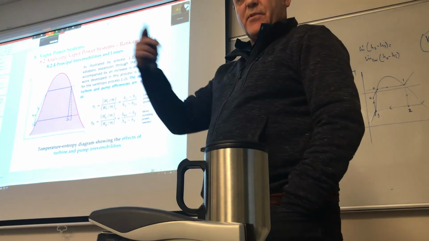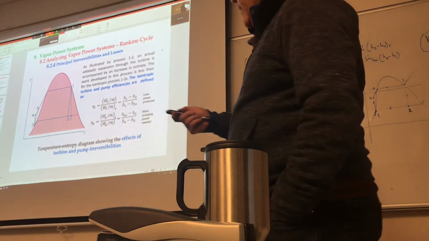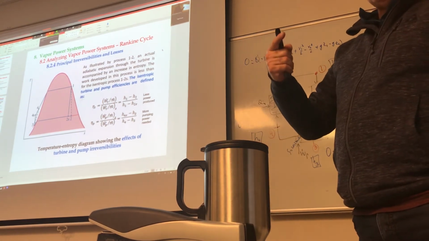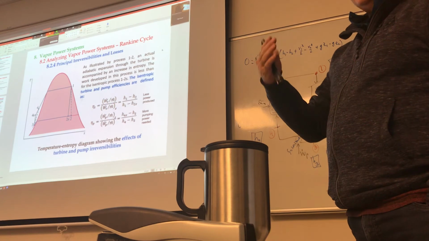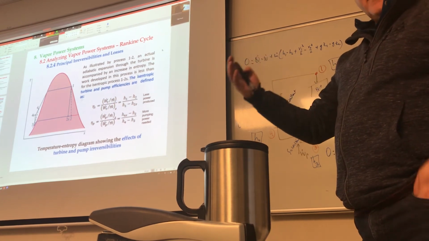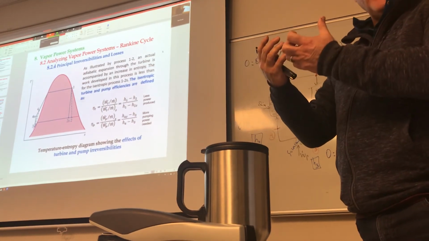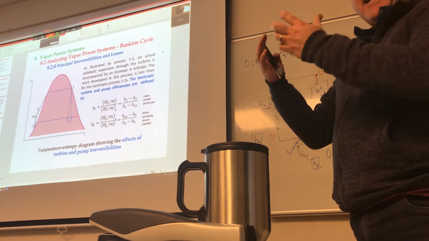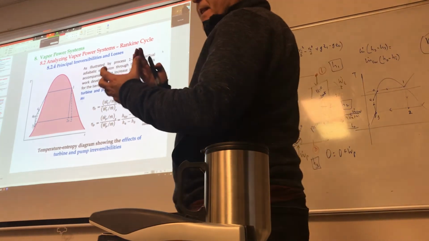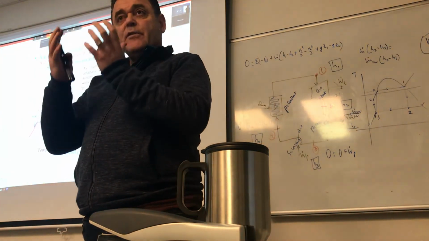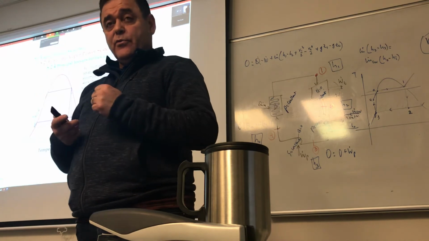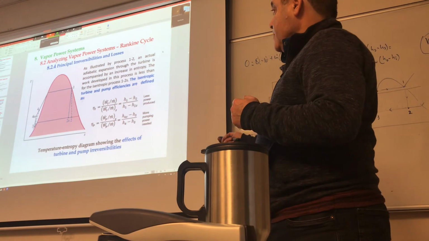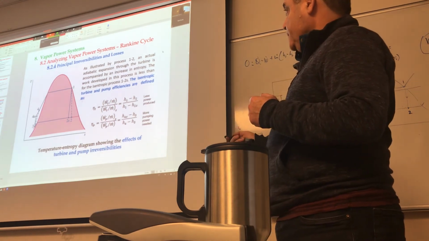Because it's going to have some losses or irreversibilities associated with that. And if a pump is not isentropic, it has some inefficiencies, obviously it's going to use up more power to make the pump work. So not only will you have the power that is needed to work the pump, but also part of the power that needs to overcome those inefficiencies. Okay? Well, we're going to look at a couple of examples later on how to use these two terms.